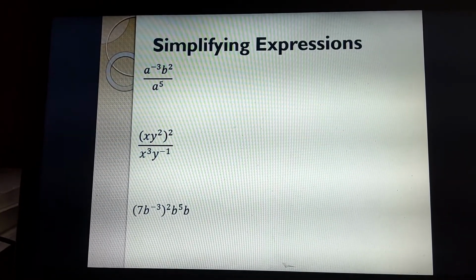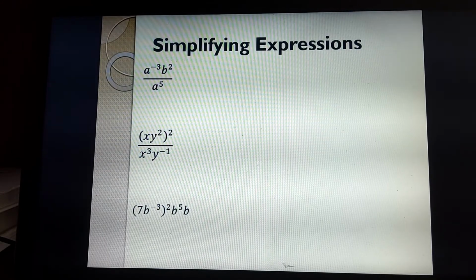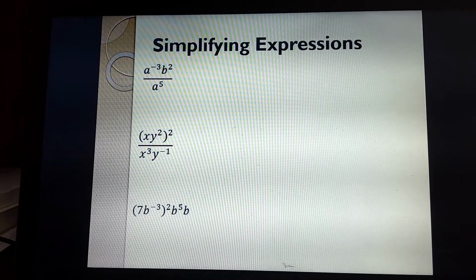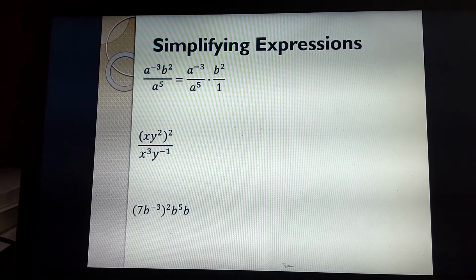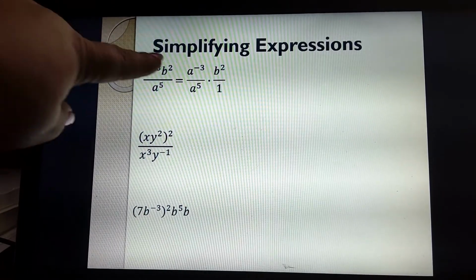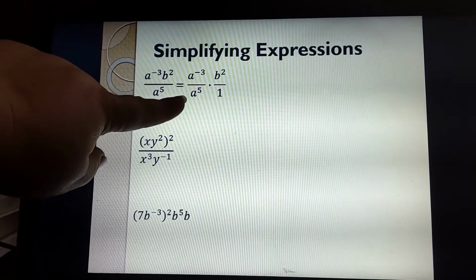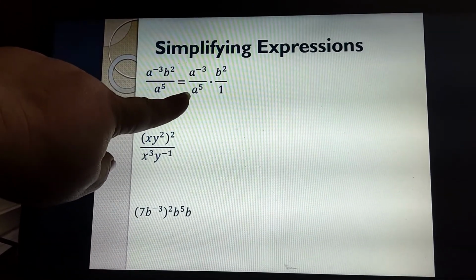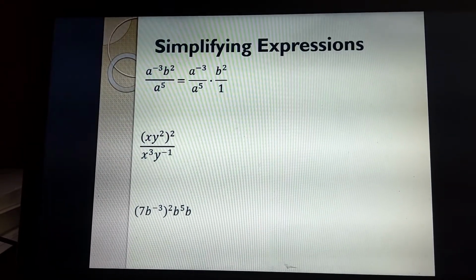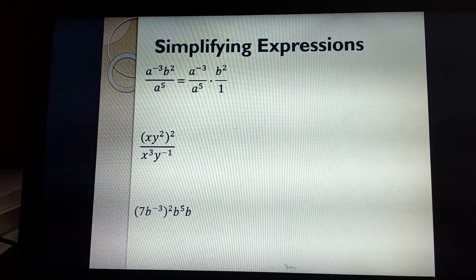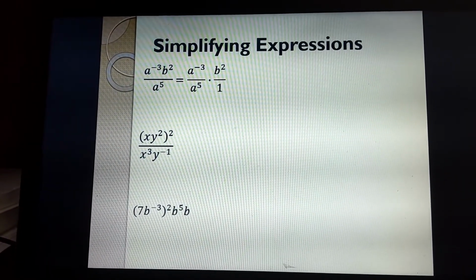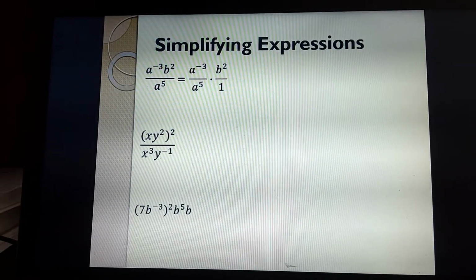A to the -3 b squared over a to the 5th. Again, we're going to pair them up. So I've got 2 a's to pair up, and I have just a b by itself. On here, same base being divided. Keep the base, subtract the exponents. So I have -3 minus 5, which is -8.